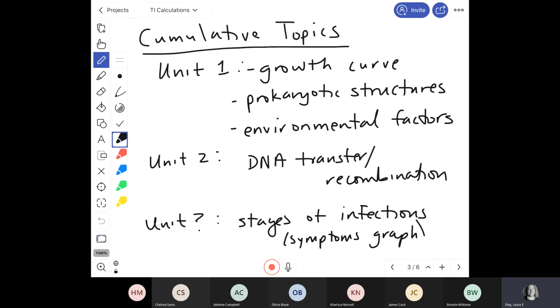So how does the person feel during each stage of their infection? So starting with incubation stage, prodromal, period of invasion, and convalescent stage. Those are the big topics that are going to be on the cumulative part of the exam. And remember, that's going to be 50 points. That will come at the end of the whole entire exam.